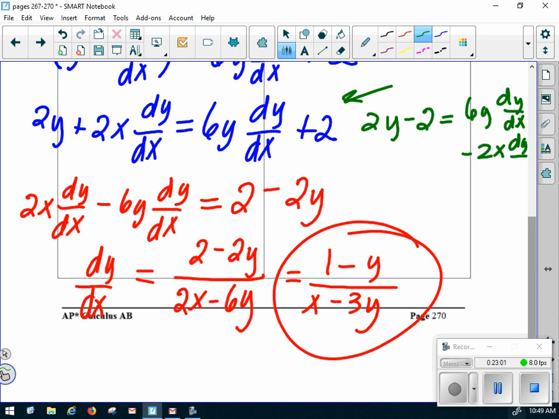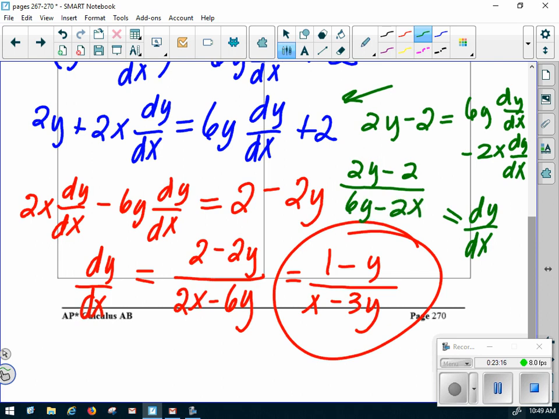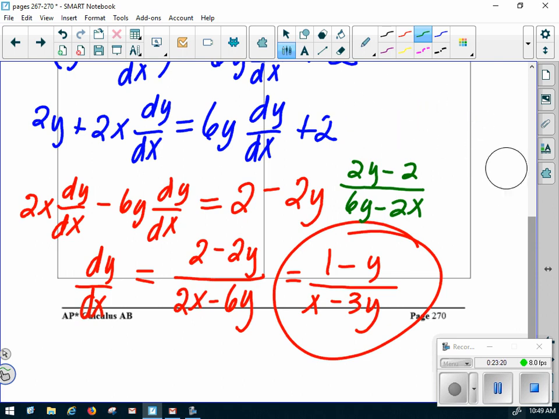So that would give me dy dx equals 2y minus 2 over 6y minus 2x. If I cleaned that up by dividing out a 2, I'd have y minus 1 over 3y minus x.